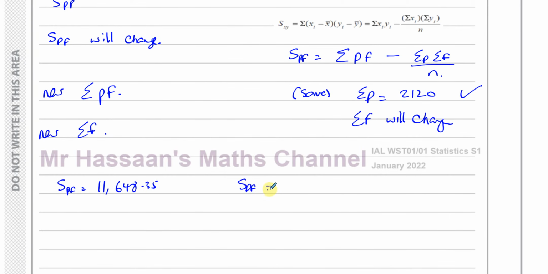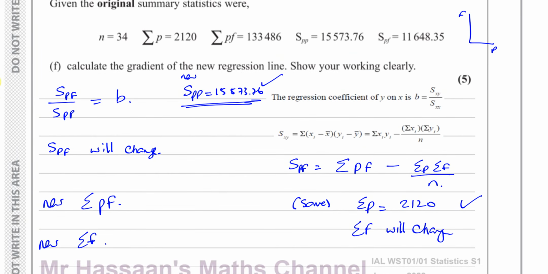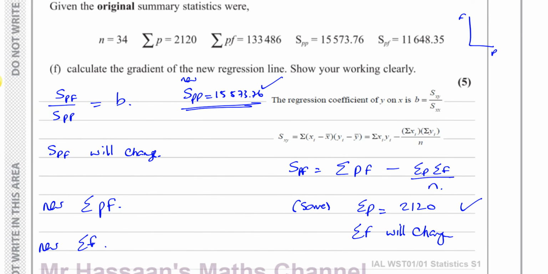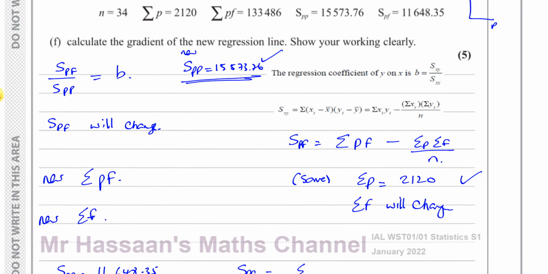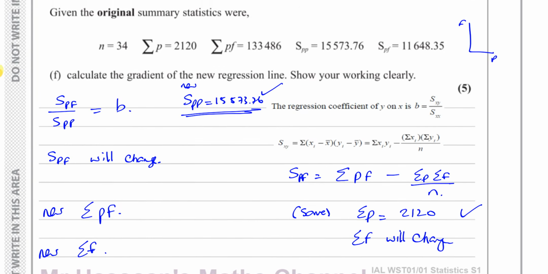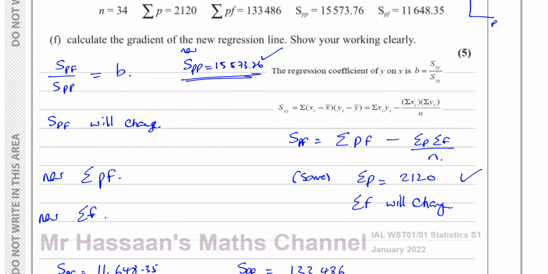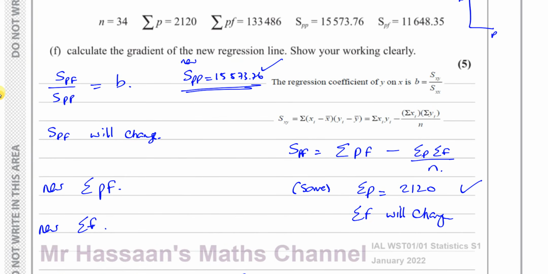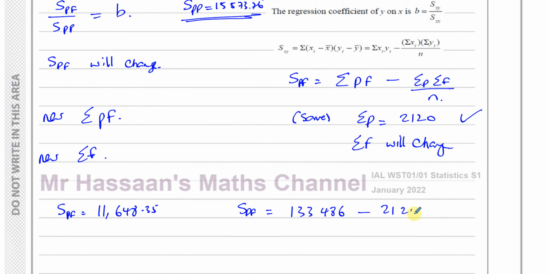Spf is given by the sum of PF, so the old sum of PF is 133,486, minus the sum of P, which is 2,120, times the sum of F. Now that's what we don't know.